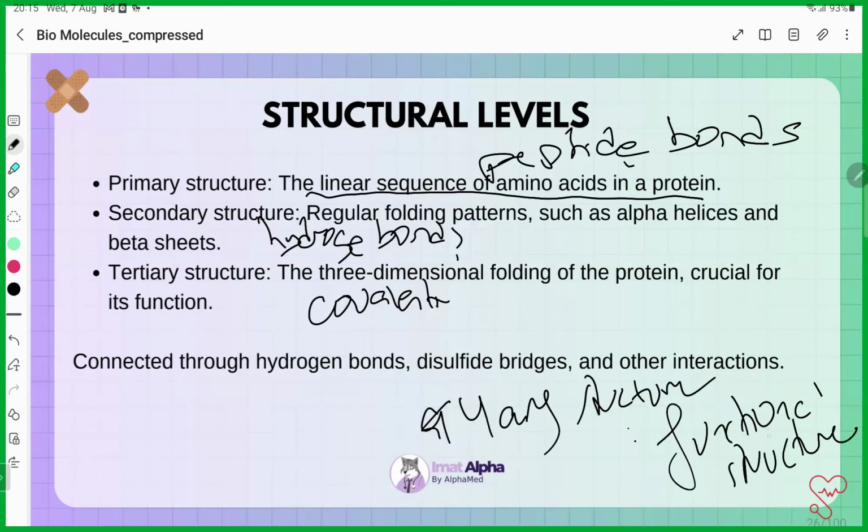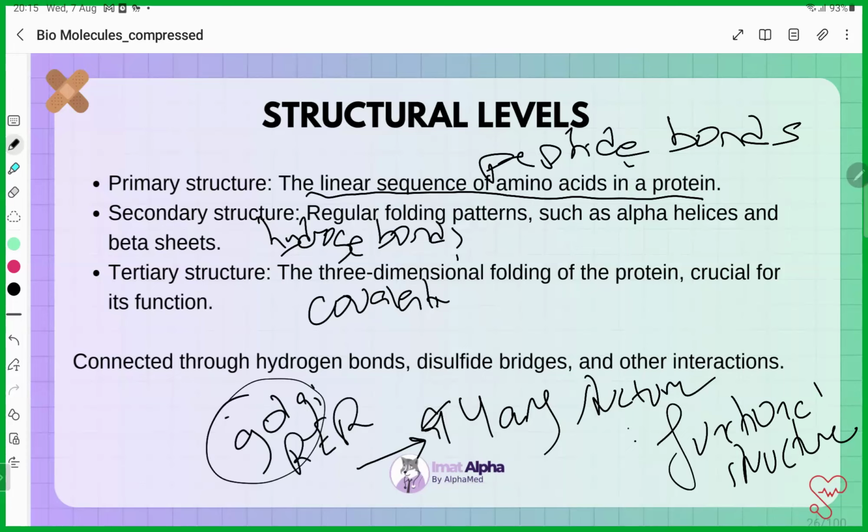What allows the protein to end up in a quaternary structure? Which organelle in the cell? It's the Golgi and the rough endoplasmic reticulum. They work together to end up with a functional protein structure, because the protein can leave the cell only if it's functional.